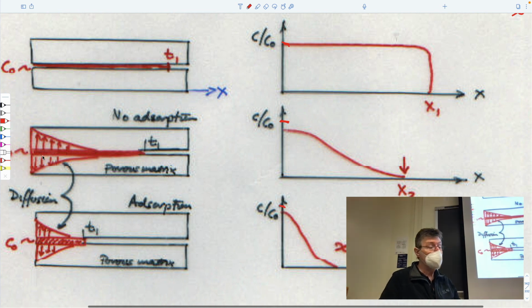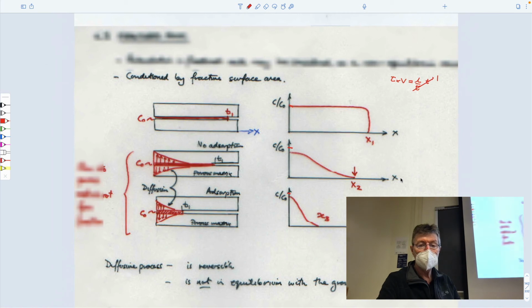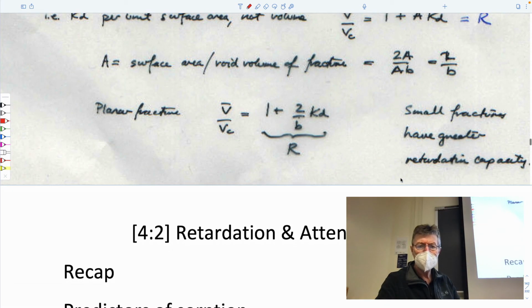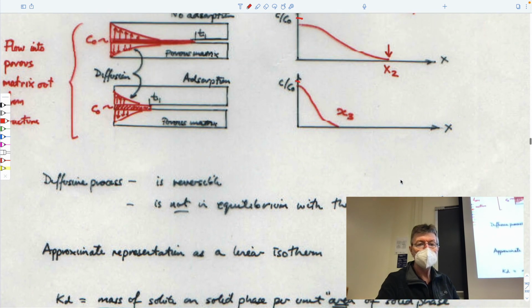And it's not due to any magnitude of absorption at all. It's merely the fact that part of the mass that's involved in the water is present within the water that's immobile within the pore spaces of this rock, and therefore it appears adsorption-like. And so there are effects that we can have that look like absorption, but aren't really due to absorption. And we can define what those are, but we won't.